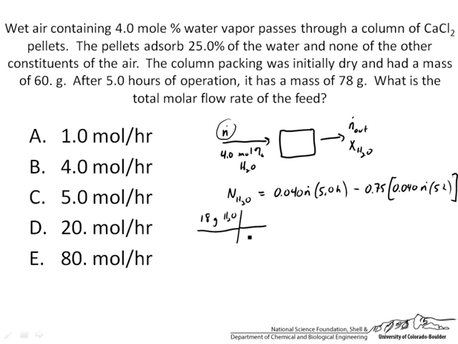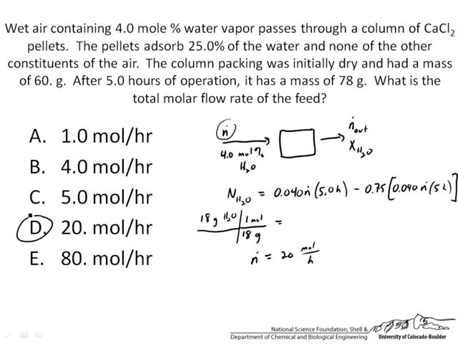We just need to convert to moles, but it so happens that 18 grams is equal to 1 mole, so we've accumulated 1 mole here. That's equal to our term on the right, and we can solve for N dot with fairly simple algebra. What we should get is that the total molar flow rate through the system is 20 moles per hour, which is choice D.